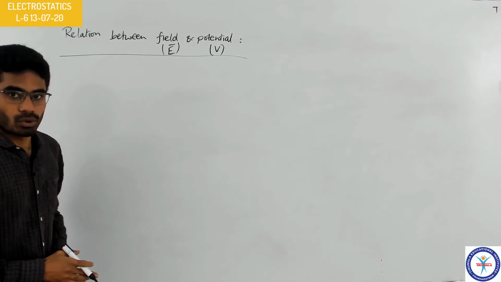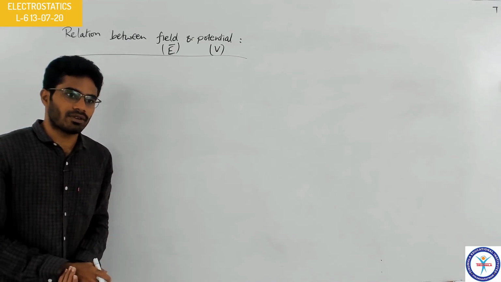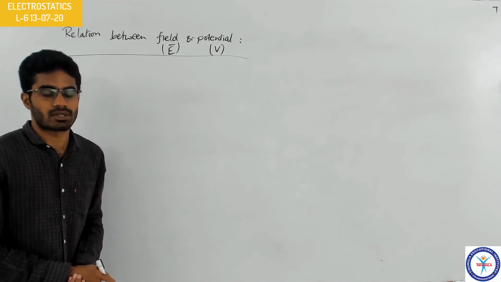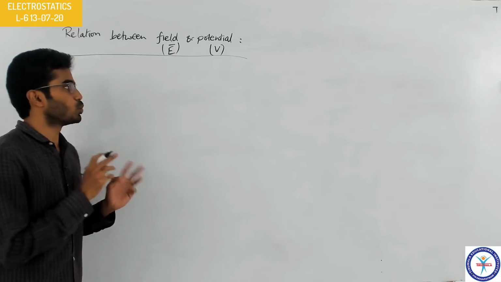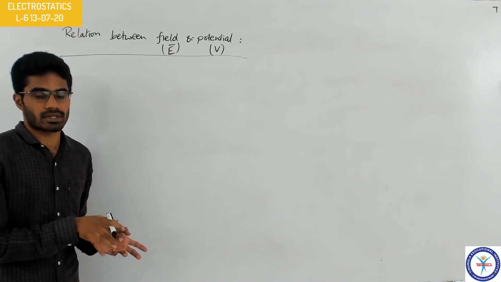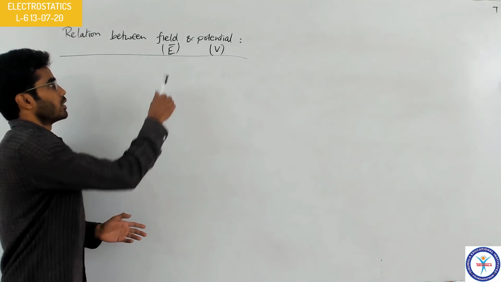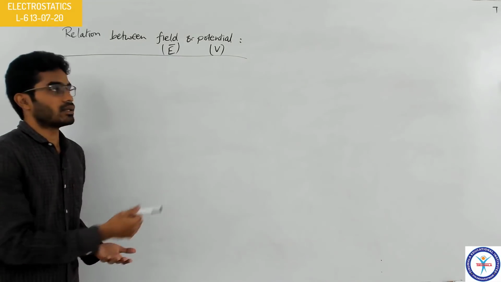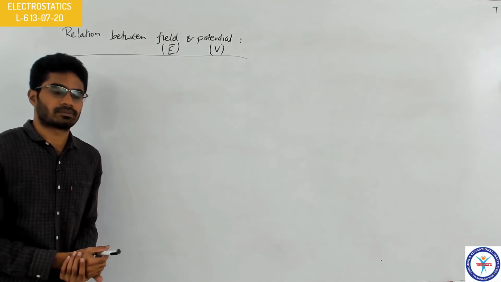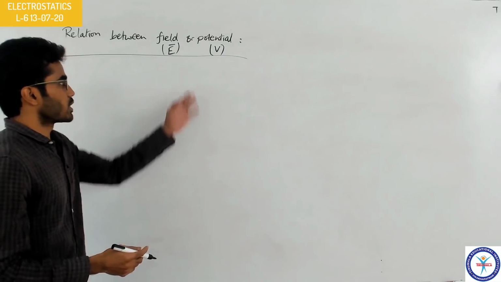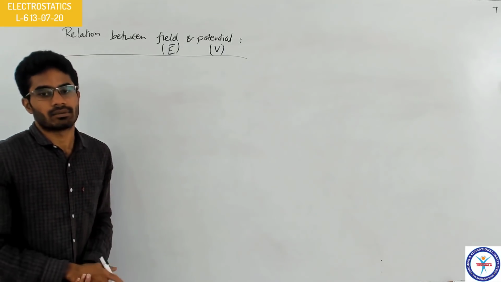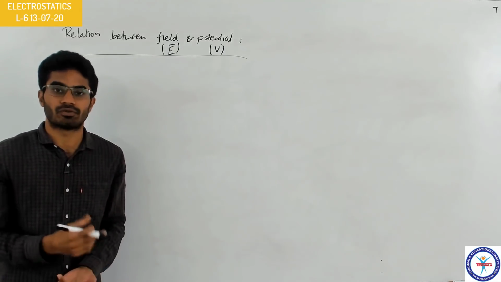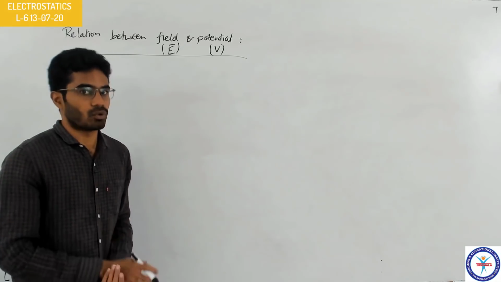For a conservative force, there are two things associated with it: a field and a potential. The potential gives rise to the potential energy idea, and the field gives the actual force which is acting.